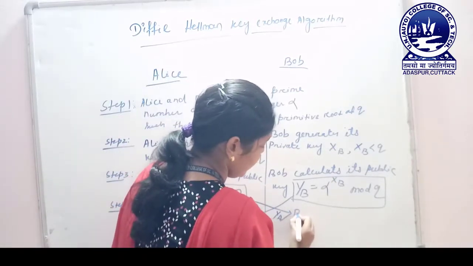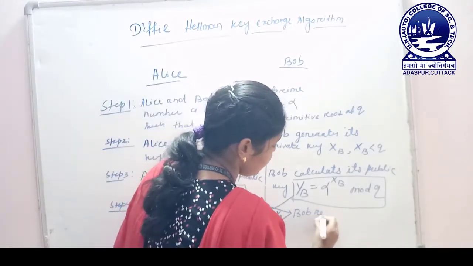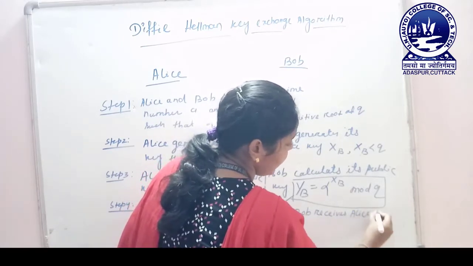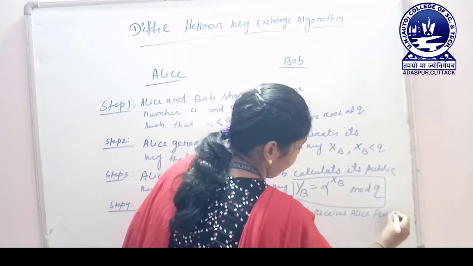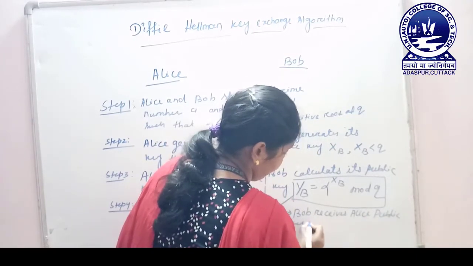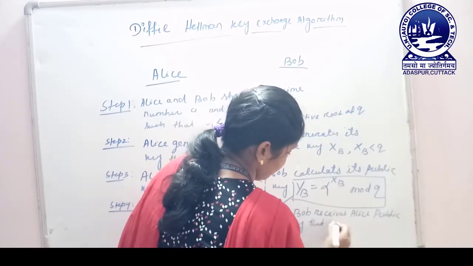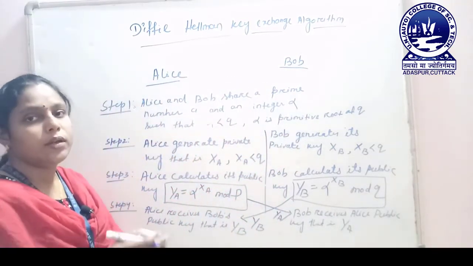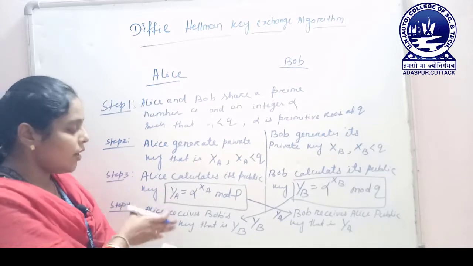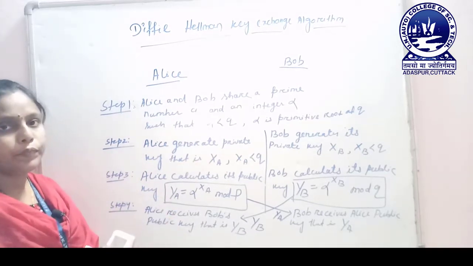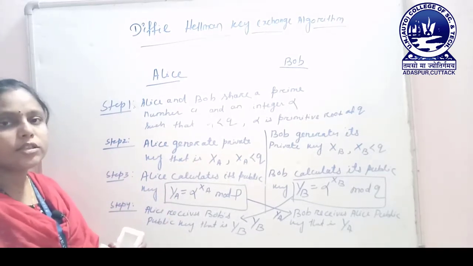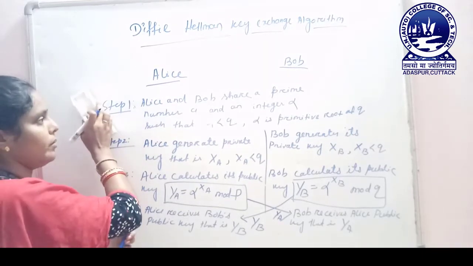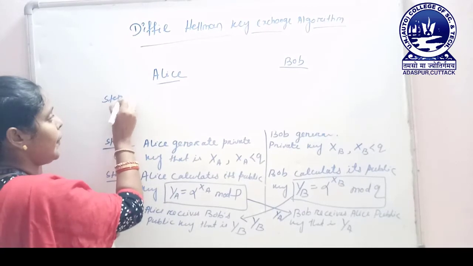Similarly, Bob receives Alice's public key, that is YA. This is step 4. Then next is step 5.